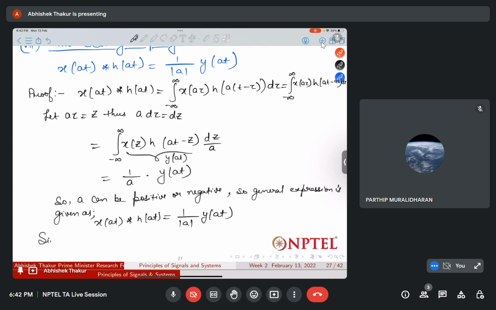Similarly, let's suppose a is minus 1. So x(minus t) convolved with h(minus t), what will it be? A is minus 1, so mod of minus 1 is 1. So this will be simply y of minus t. Understood? Very simple question.